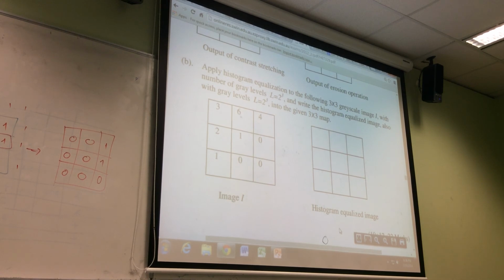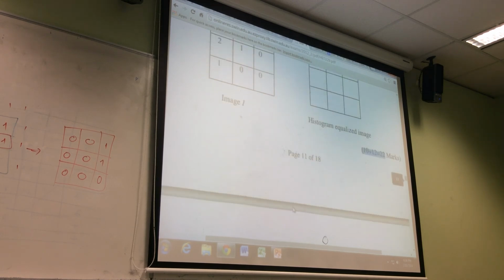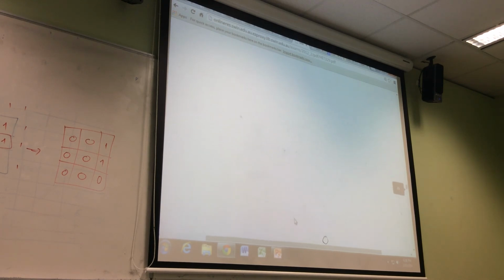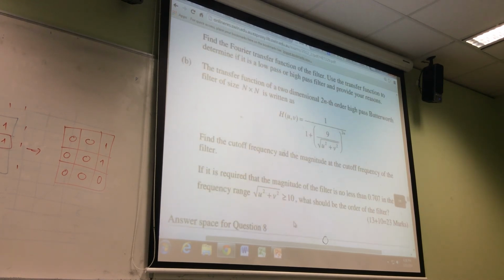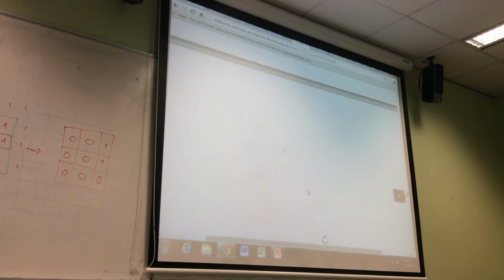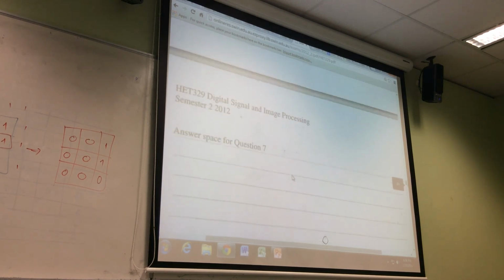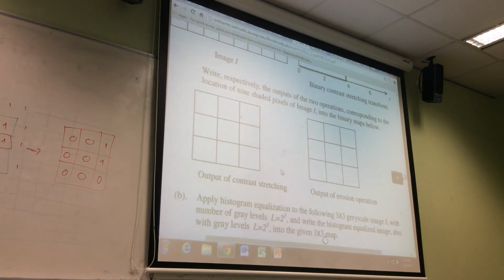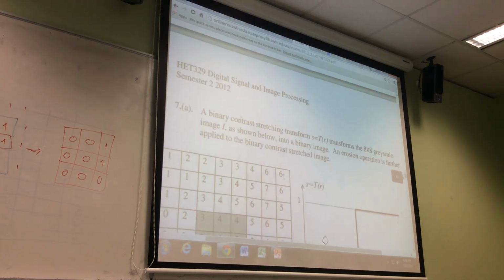So this one is exactly similar, so you can do that for yourself. And 22 marks, not too bad. And that's it, question 8.